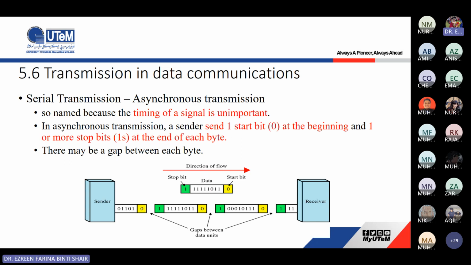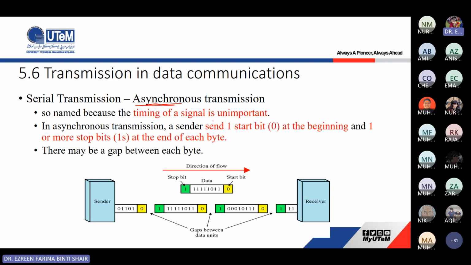Okay, so for the first one, the asynchronous transmission. Based on the name itself, you should know that the timing of the signal is unimportant. Why is the timing unimportant?